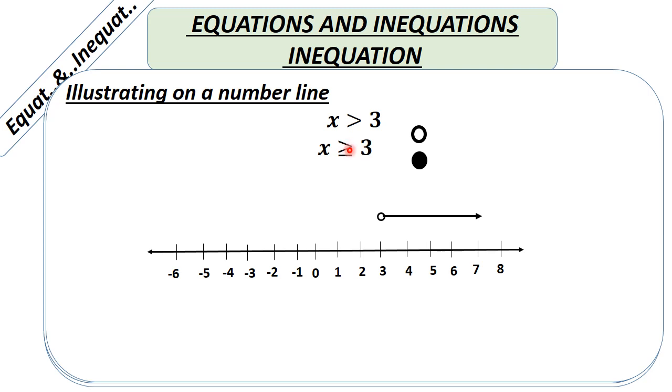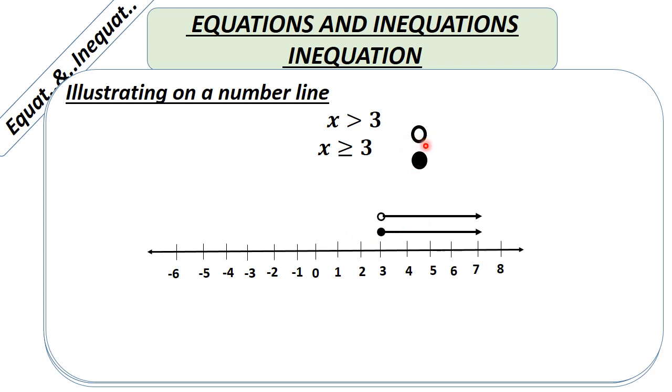If it's greater, we go to numbers that are greater, and if it is less, we go to numbers that are less. So this is the big difference between the two. This one has no equal to, so it's an open circle, and this one has equal to, so it's a solid circle. So we draw something like this, and then we draw a line showing all the numbers that are greater than 3. And if this was less or equal, then we would have gone this side. So this is the big difference.